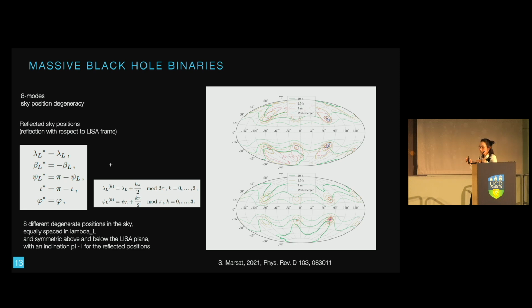By knowing these 8 modes, you can help yourself while, for example, performing your parameter estimation, because when you find one of the modes, you would know where you can position all the other 7 modes.